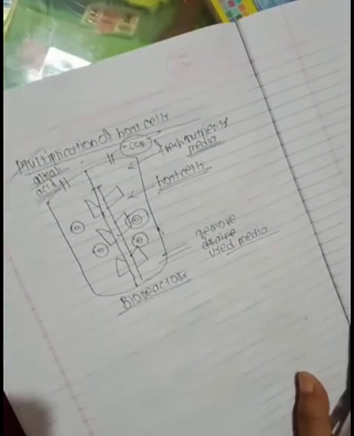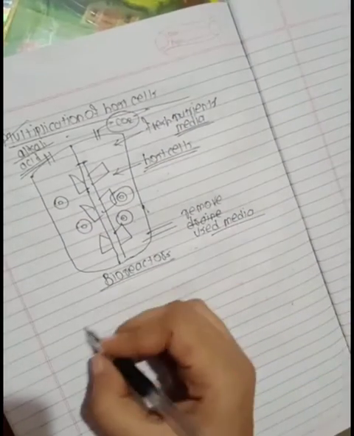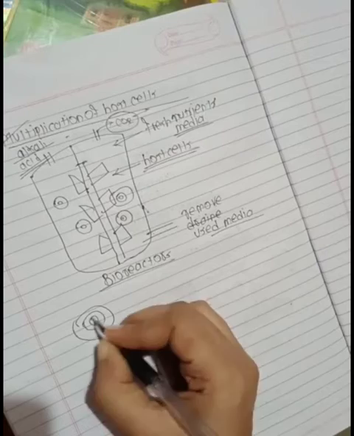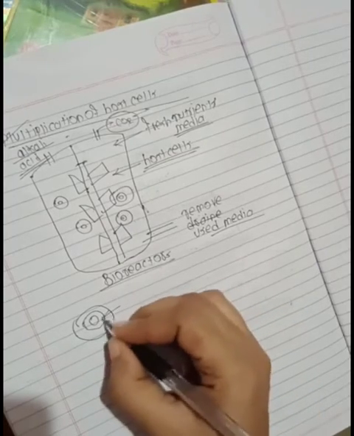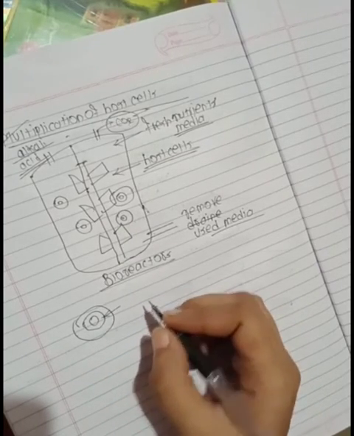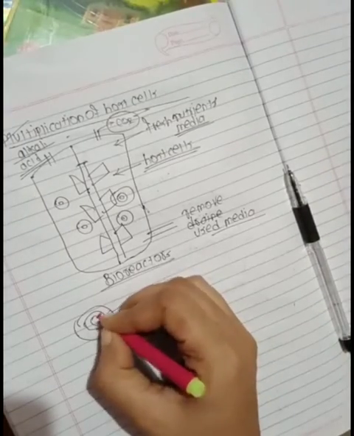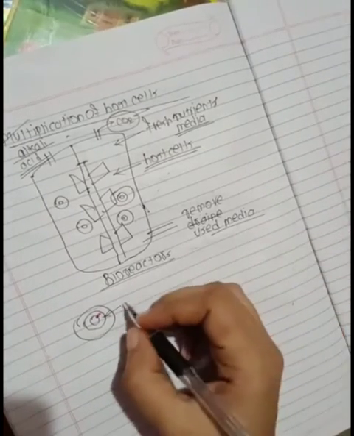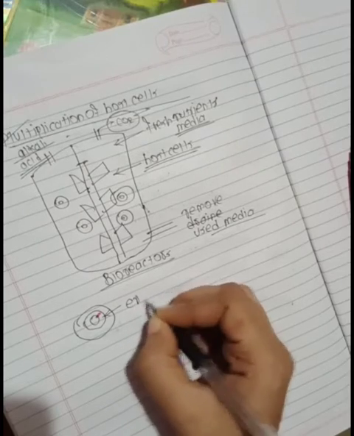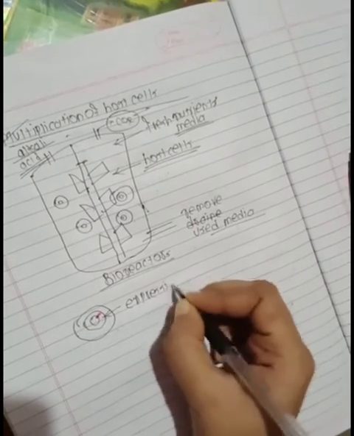So the next is multiplication of host cells. Now you have multiplied your cells. Your plasmids, the gene of interest, whatever gene you have inserted, will start expression. Expression of the gene is the important thing.